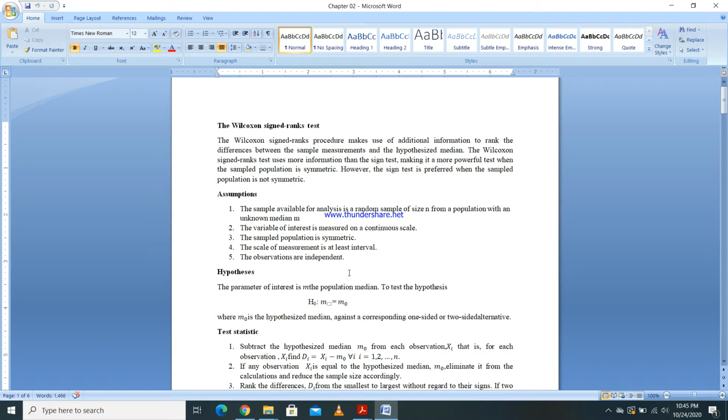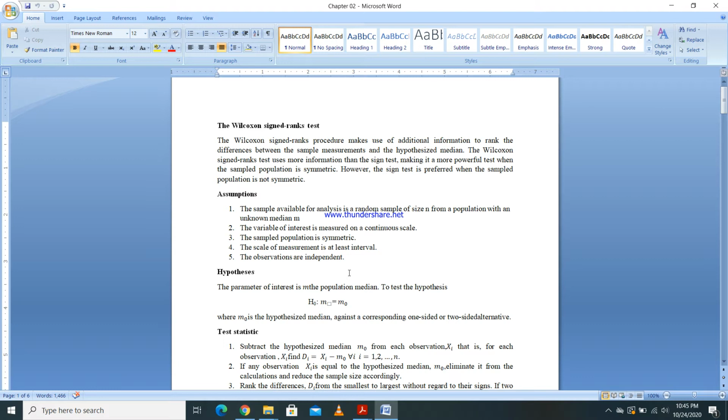When it comes to the Wilcoxon signed rank test, when we are given the data set, again we check the difference between the median value and the observation.